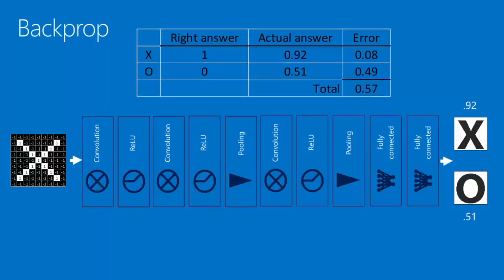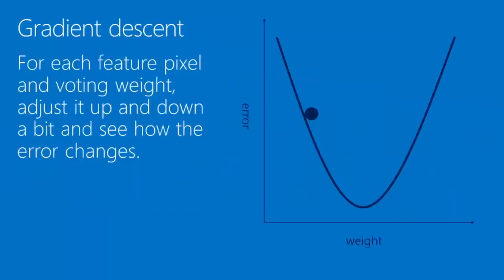Then if we add all that up, we get an error of what should be 0.59. So what happens with this error signal is it helps drive a process called gradient descent.